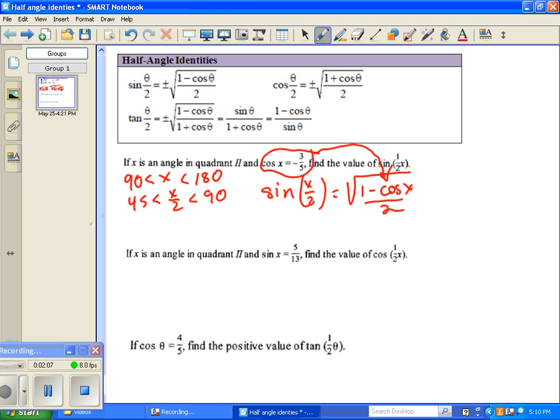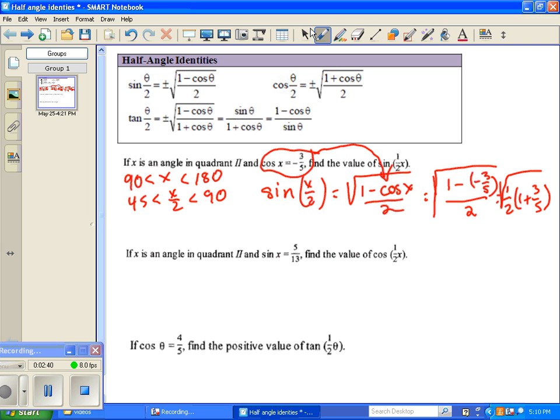So let's do that. So I'm going to have square root of 1 minus, I have -3/5 over 2. And everything is under the root. Okay, so I'm just going to simplify this expression now. So I can put the 1/2 in front of it rather than dividing by 2. I'm going to just rewrite it as 1 plus 3/5 because we have minus negative.